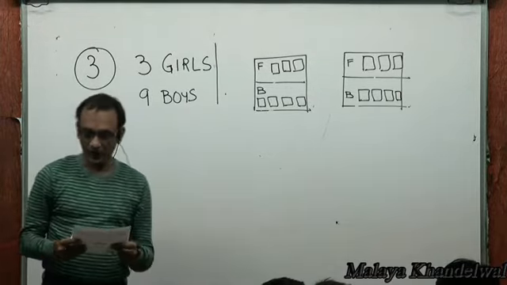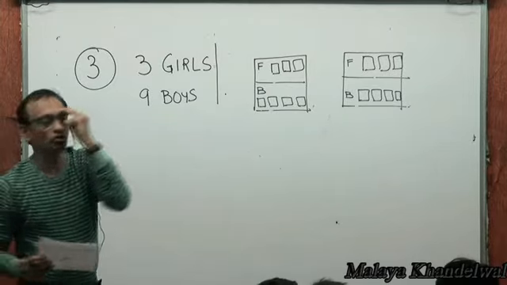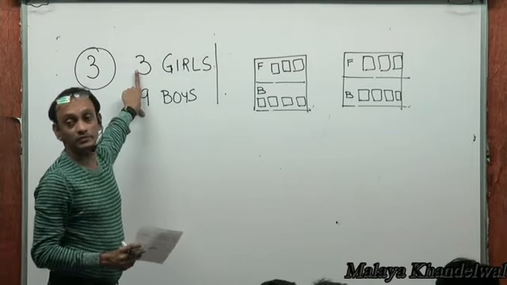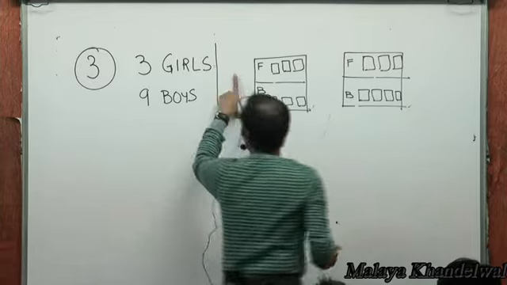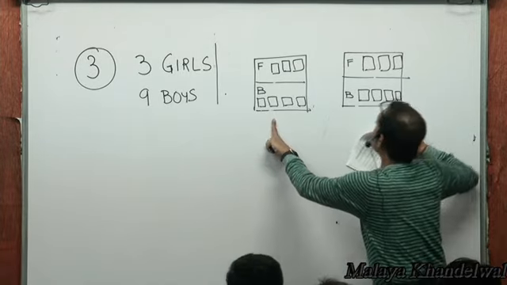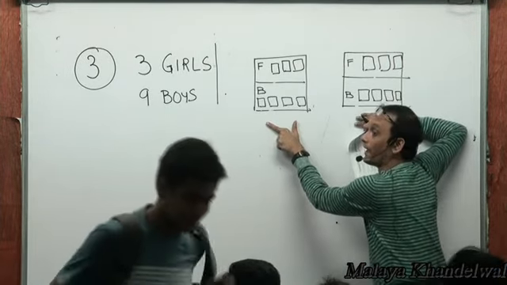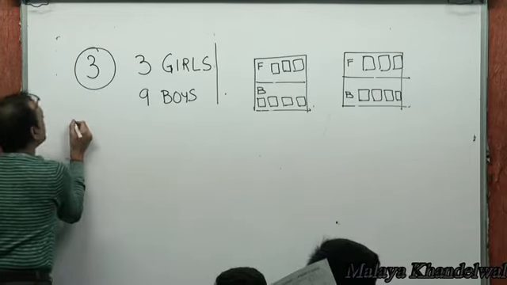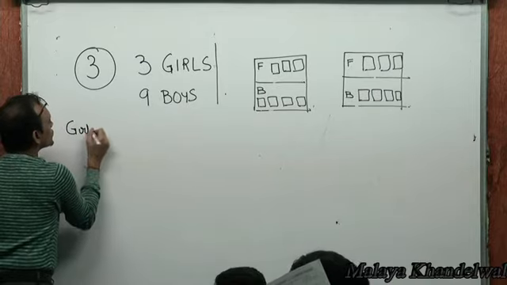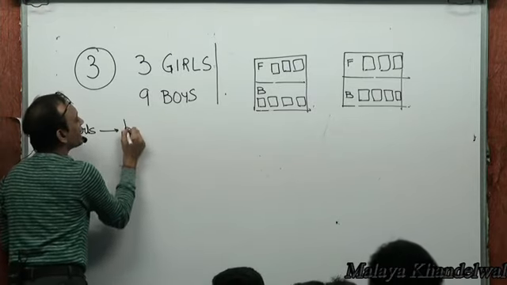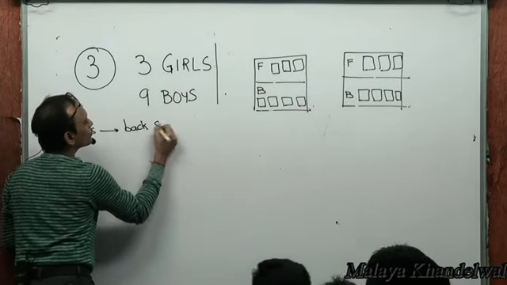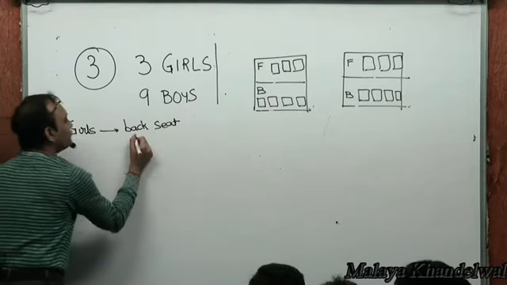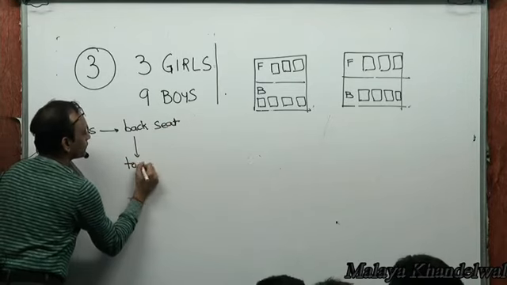All right. Now, you want to accommodate these 12 people. These 12 people would have to be accommodated in these 2 vans, given that the girls will always occupy the back seat and will always be together.